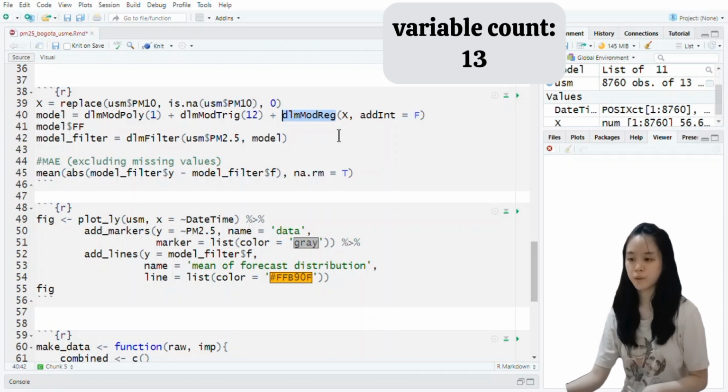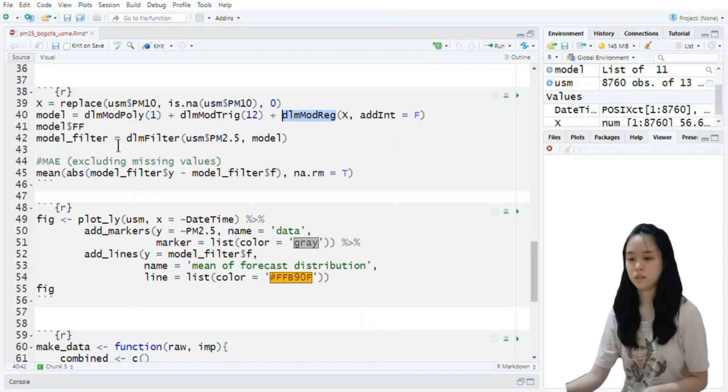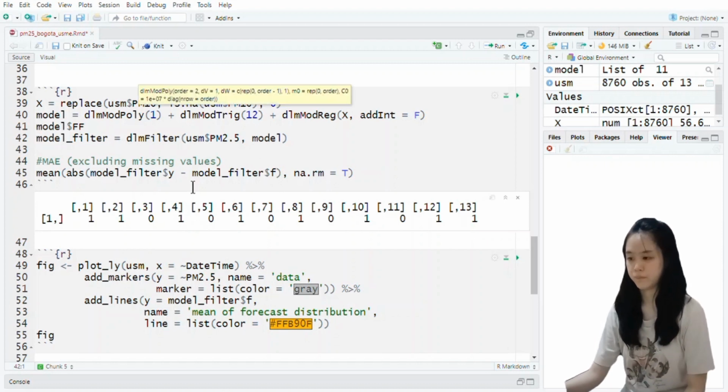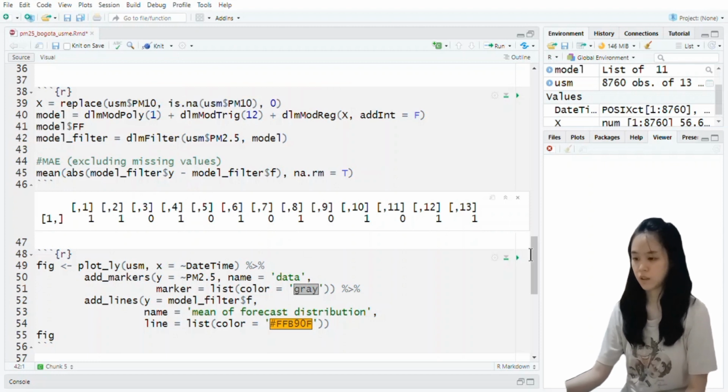So the total number of variables should be 13. So yeah, 1 plus 11 plus 1. Okay, so yeah, as you can see, it's like this.